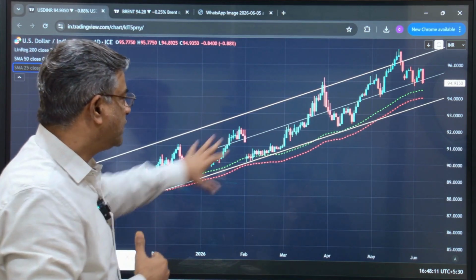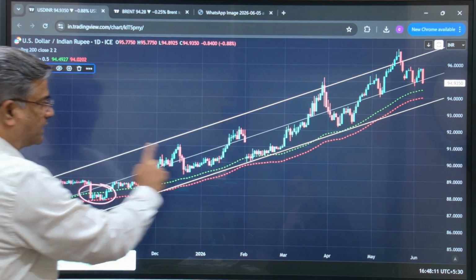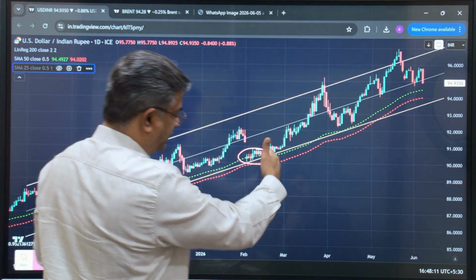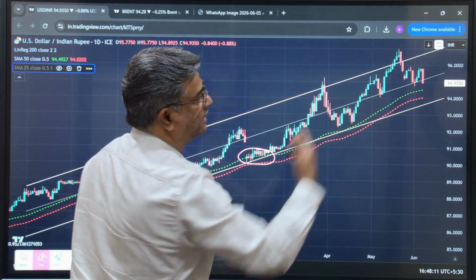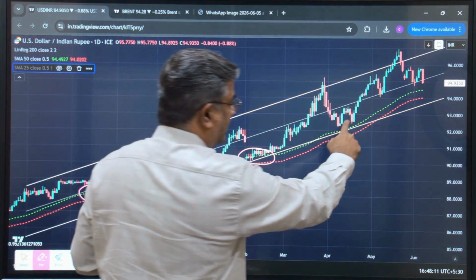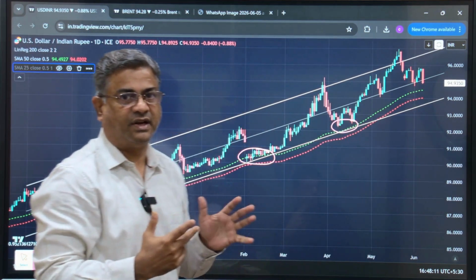Here you see a very good support region, a support indicator here, and a very good support indicator here, but since February we haven't seen the 50-day moving average acting as a support. But again, in these two places it came very close to the 50-day moving average.